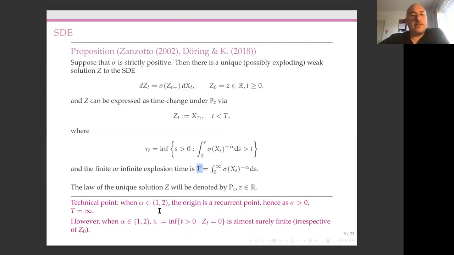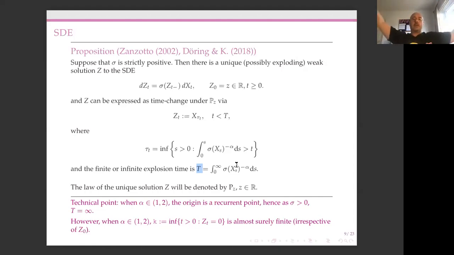And so if alpha is between 1 and 2, this doesn't explode. And that's basically because x is recurrent, it visits the origin infinitely often. And so it keeps this integral growing and growing and growing. And if alpha is between 0 and 1, then we have a transience, and the process can kind of drift out to the outer regions of space.